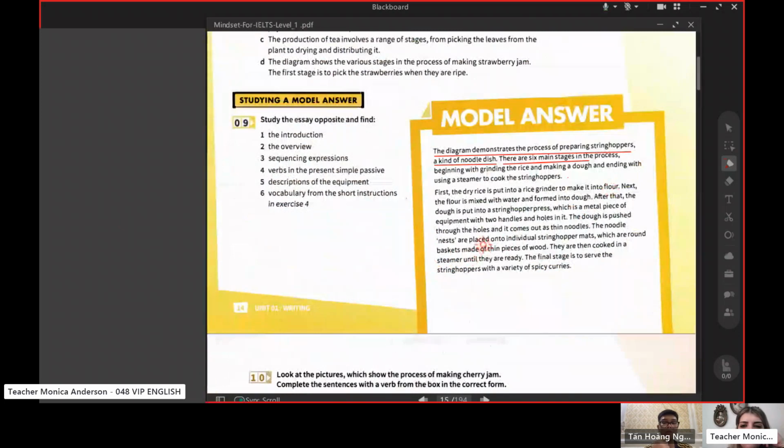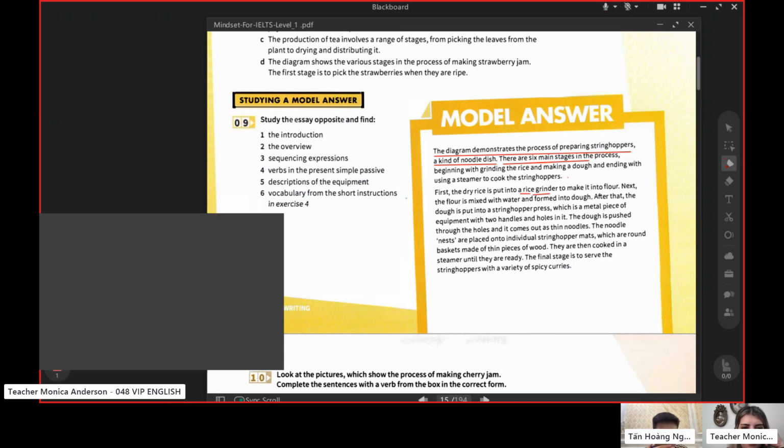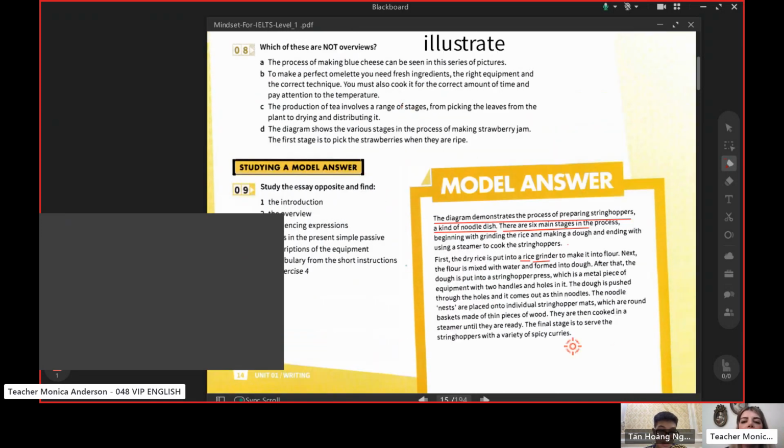For example, we have grind, we have rice. Of course, we are going to find some vocabulary that we've learned from this process diagram.